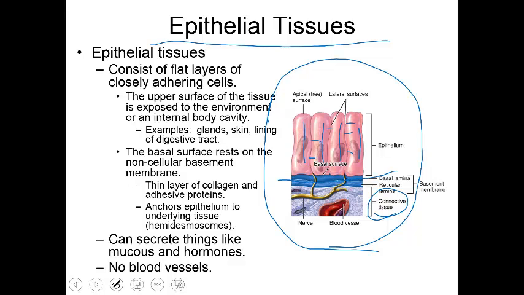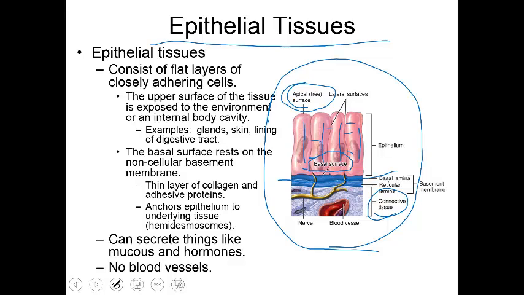Now the part of the epithelial tissue that is oriented towards the basement membrane is called its basal surface. The part of the epithelial tissue that is located towards the free or the non-basal end is called its apical surface.